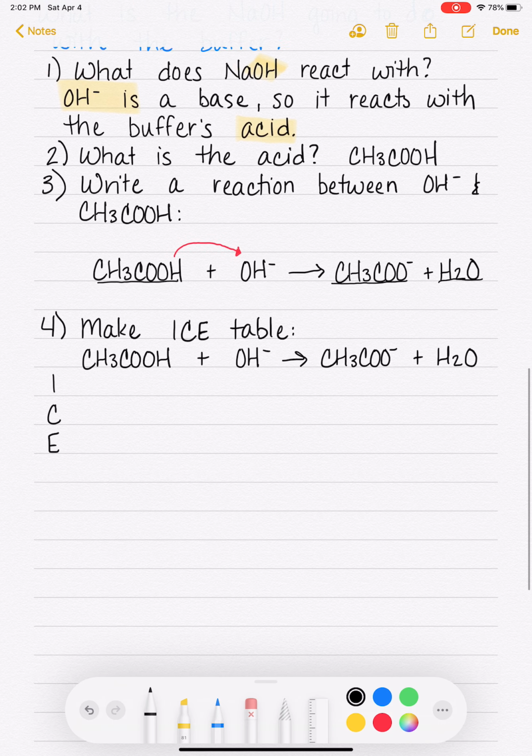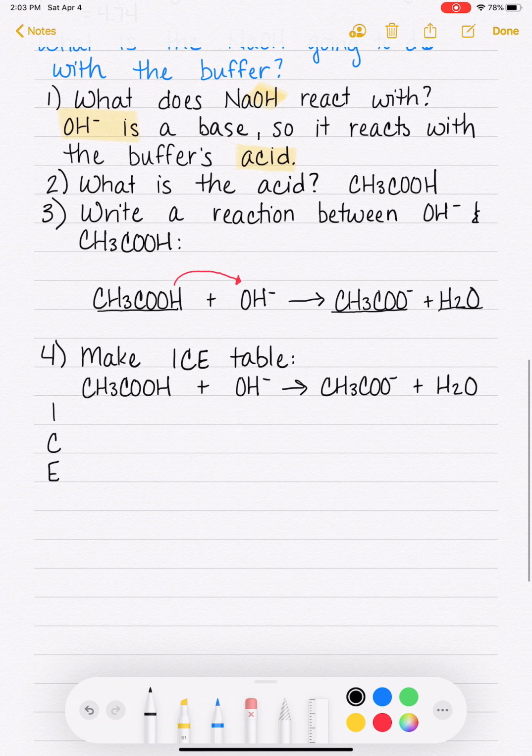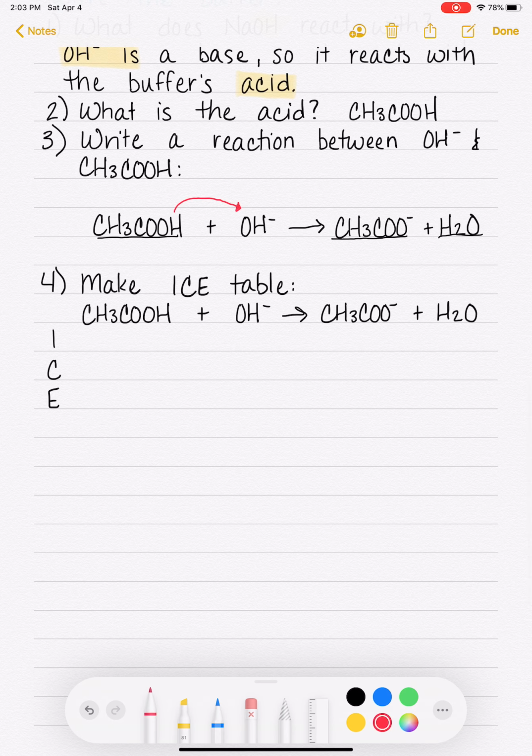Hold on, though. We can't jump straight into this ice table. When we're doing ice tables in problems like this where we're manipulating buffers, the ice table needs to be done in moles, not in molarity.